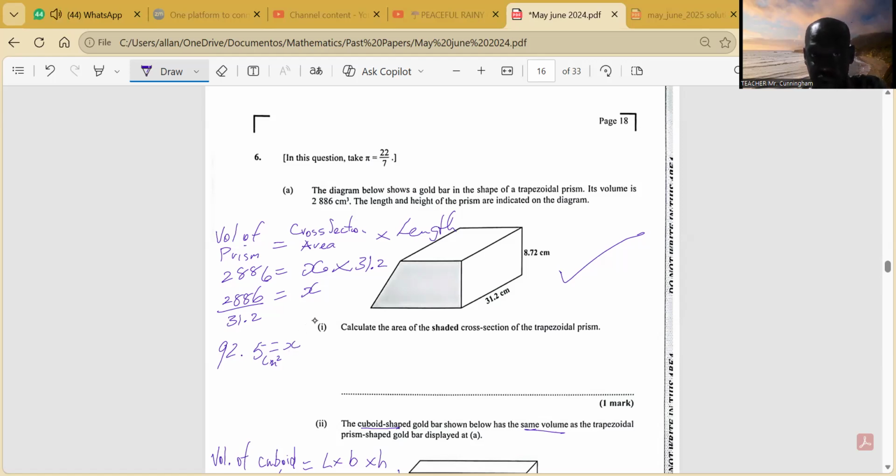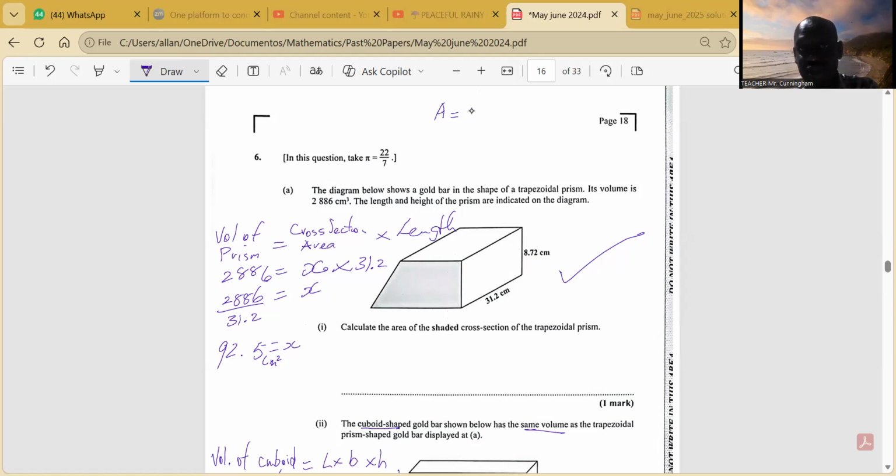All right, so they gave us this trapezium, like this, right? So what is the area of the trapezium?